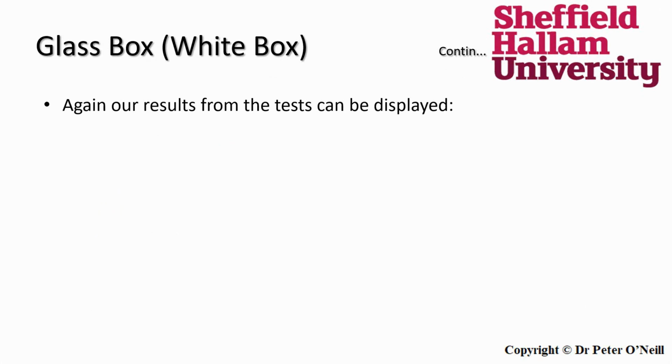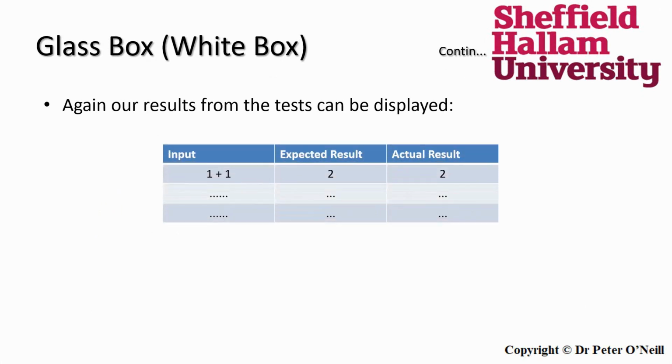Again, our results from the test can be displayed in the format of a table. We may even want to put numbers down the side of the table so that we do them in a different order. You're saying, okay, that's fine, but if we're just going to put numbers in, then it's always going to work it out. Yes, but the answer to that is users don't always put numbers in, even though you expect them. So, does your code deal with a non-number value?